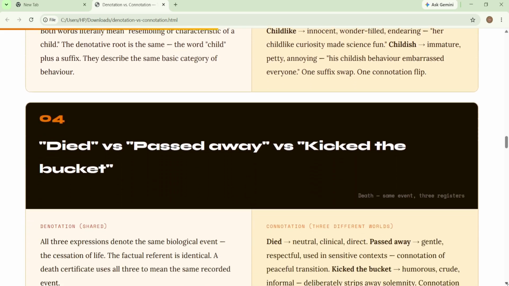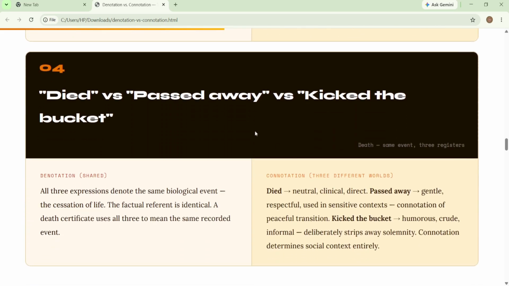So let's look at the other one. Died versus passed away versus kicked the bucket. The denotative meaning shared by the three of them is the same biological event, that is cessation of life. A death certificate usually uses all three to mean the same recorded event.